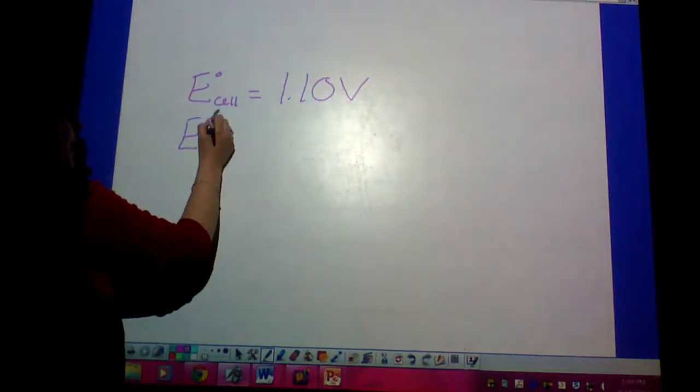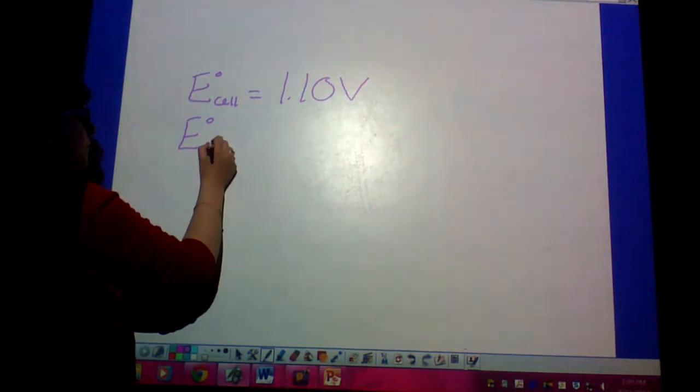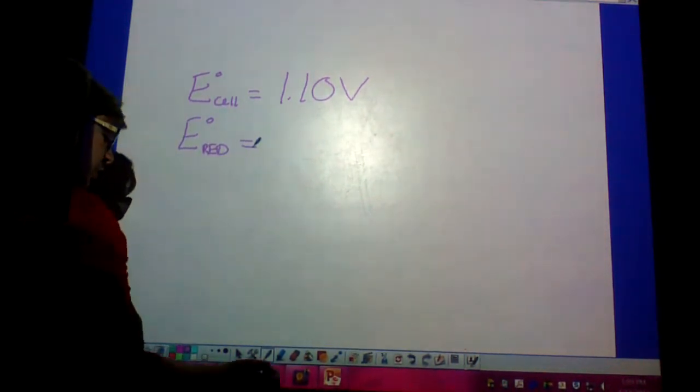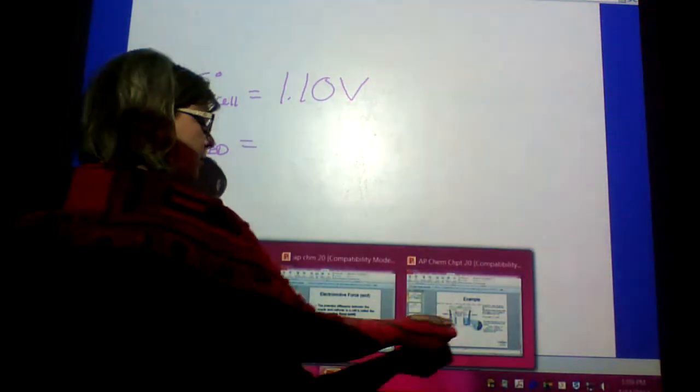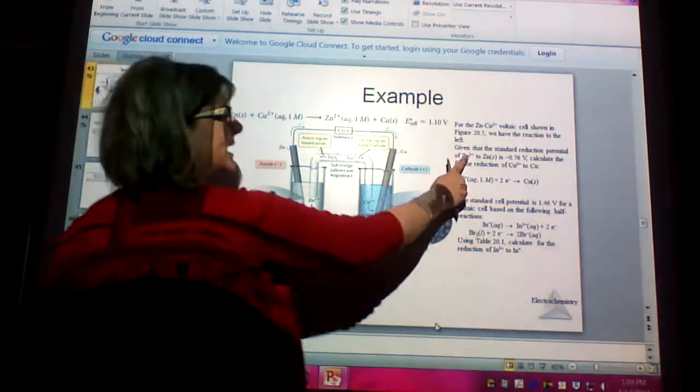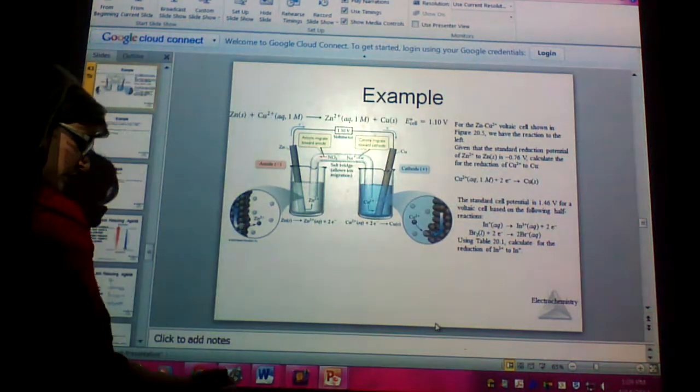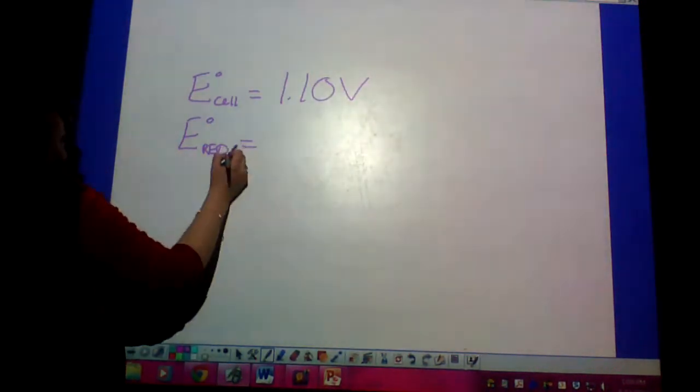And I know that my standard reduction potential for zinc is negative 0.76 volts.